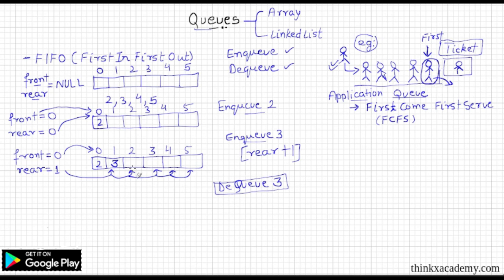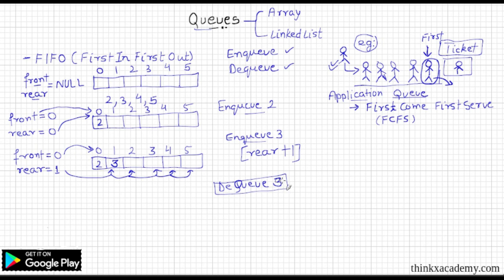If you want to perform the DQ of 3, you will first have to remove 2 and then you will have to remove 3. The reason behind it is that the first element inserted inside this queue is 2, so it is going to become the first element to come out of this array.